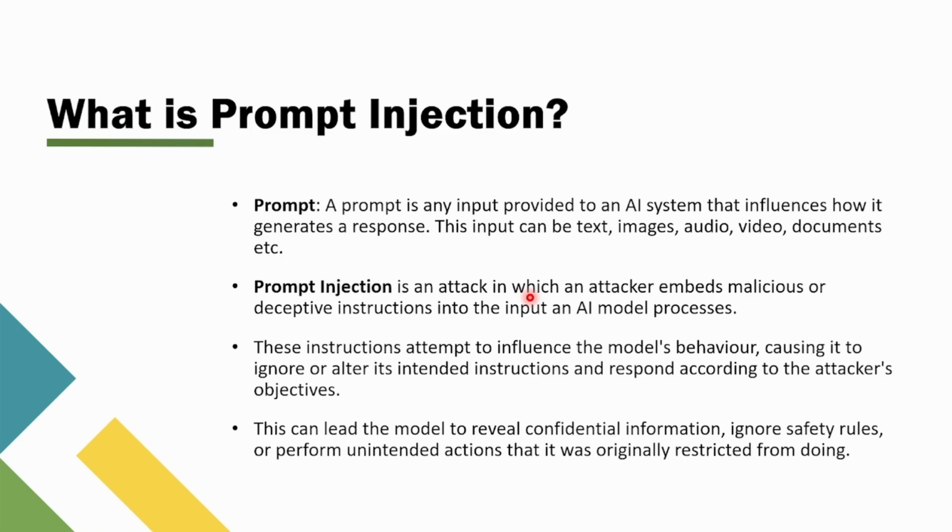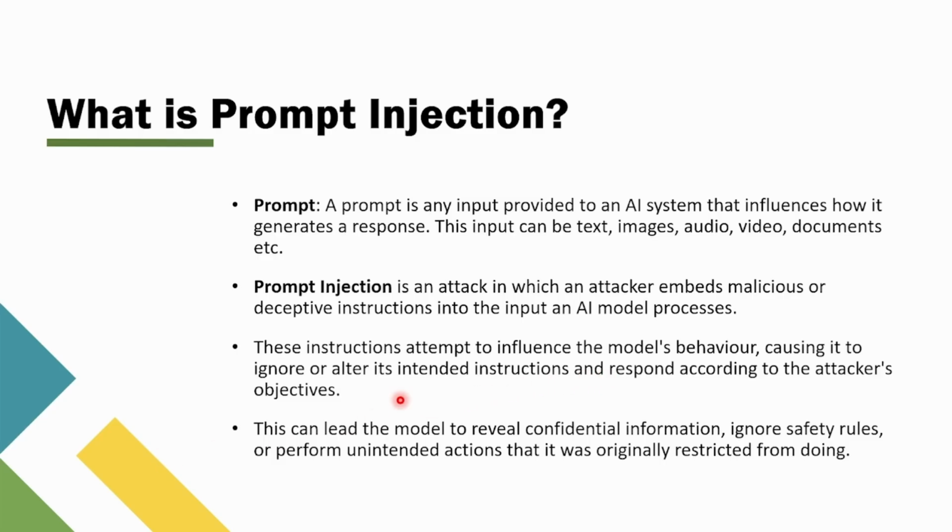In prompt injection, what the hacker or attacker does is try to manipulate that particular behavior. The attacker tries to manipulate the AI so that it will perform the task or reveal some sensitive information which it is already restricted from doing. By definition, prompt injection is an attack in which an attacker embeds malicious instructions into the input. Now why is following these instructions dangerous for the AI model? Because those particular instructions attempt to influence the AI model's behavior, causing it to ignore or alter the intended instructions and respond according to the attacker's objective.